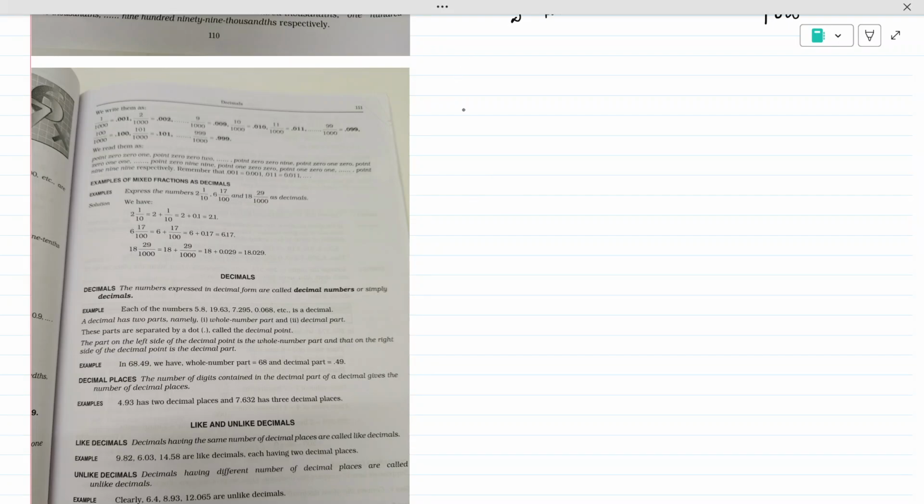Supposedly we are given a number, but before that let us understand how normally we have to write the decimal form of a given fraction. Let us consider the first example where we have 17 by 10.